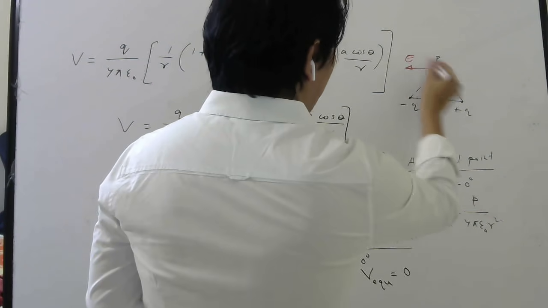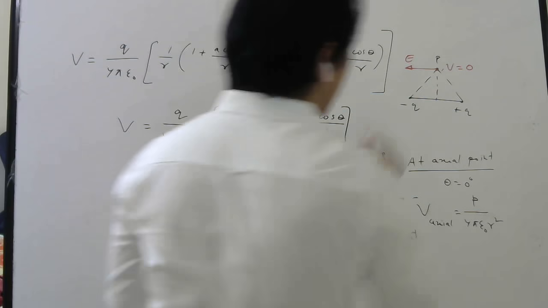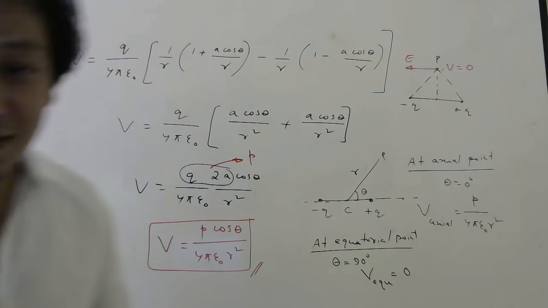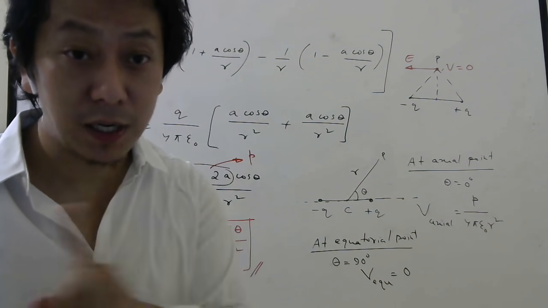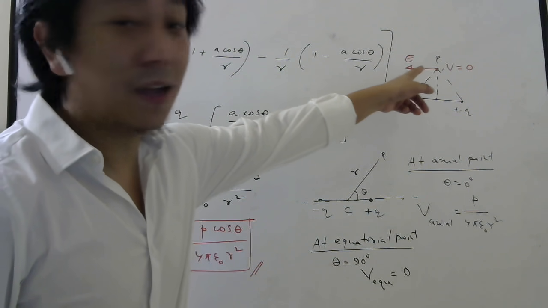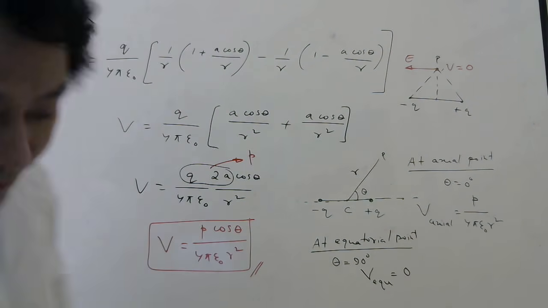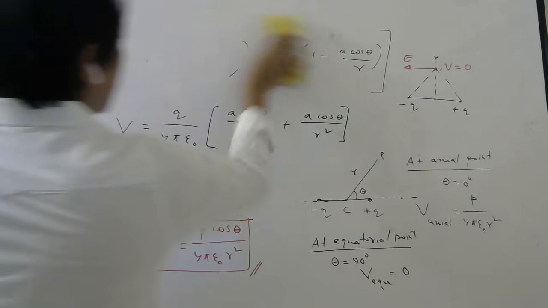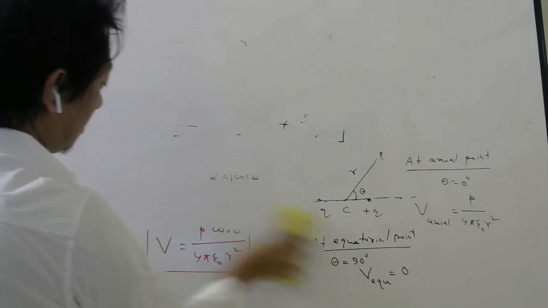So at this point there is electric field, but at that point what was the potential? Just now I told 0. So if they ask you in exam for 1 mark, mention a point where electric field is non-zero, potential is 0, then you can easily answer a point on equatorial line of a dipole. Fine. So let us do now some learning exercise or numericals in our EPL.